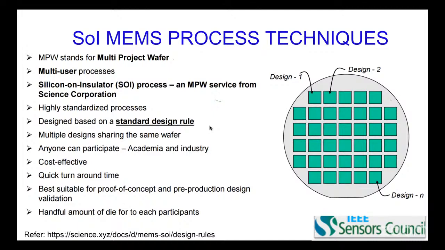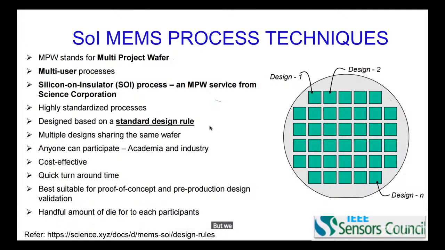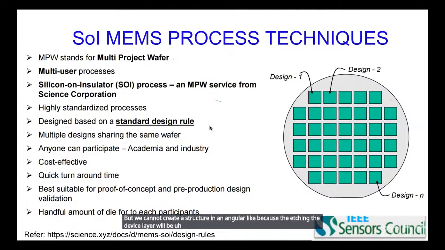We can go for planar structures or some elevation; after electrothermal actuation, it might slightly move in a set direction, but we cannot create a structure at an angle, because etching the device layer will be straight etching, so there won't be any angular structures created.